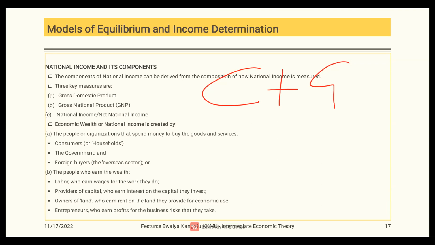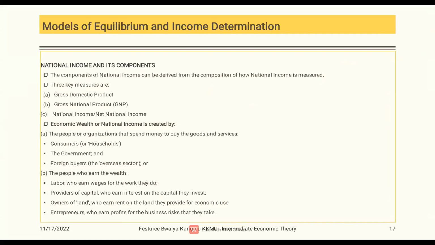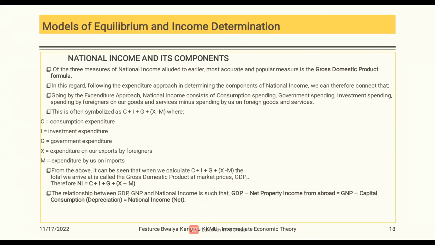And we have entrepreneurs, who earn profit for the business risks that they undertake. So people can labor for wages, provide capital and earn interest, own land and get rent, or be entrepreneurs and earn profit from the risk they undertake. Is that clear?